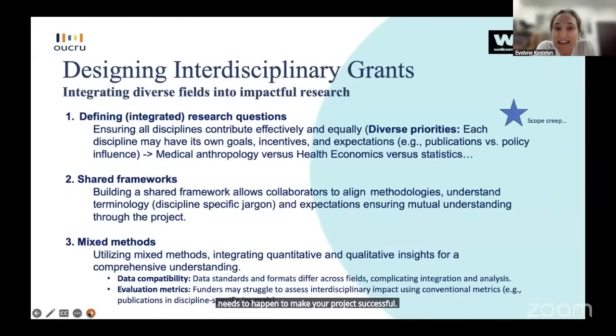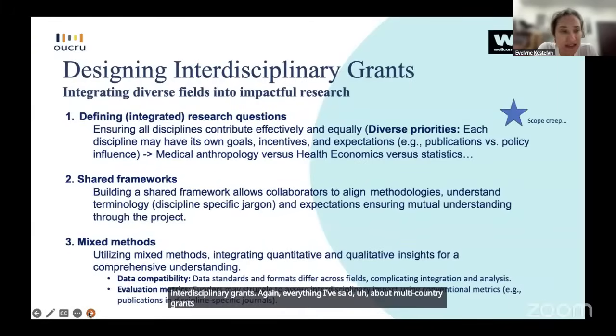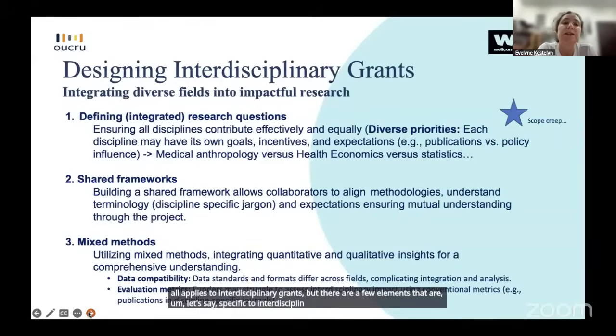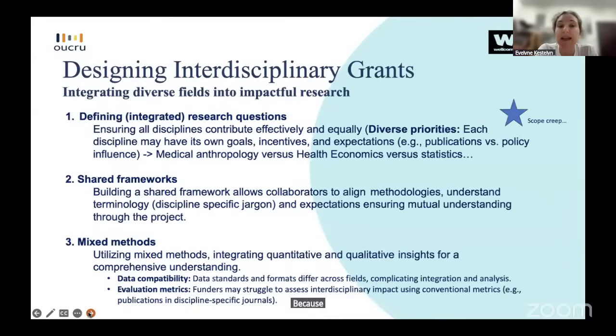So, designing interdisciplinary grants. Again, everything I've said about multi-country grants applies here. The communication, the focus, all applies to interdisciplinary grants, but there are a few elements that are, let's say, specific to interdisciplinary grants, because you are integrating diverse fields of research, skills, and expertise.